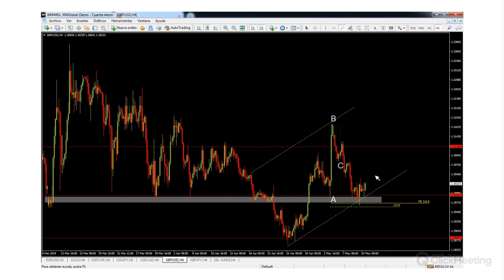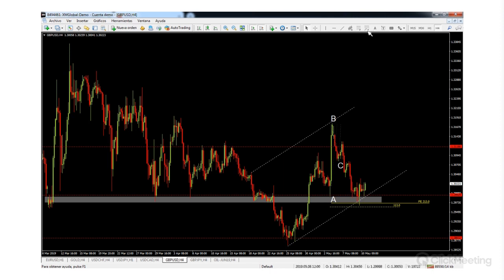We already saw that this price action right here shows good rejection of these levels that we were talking about.